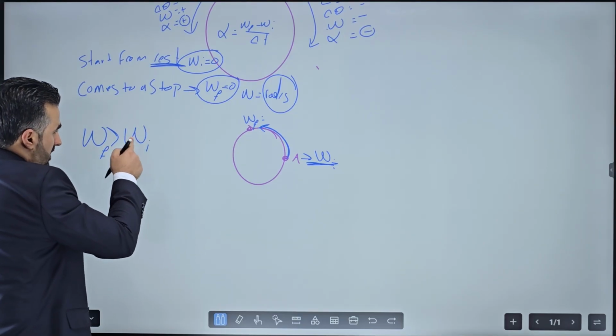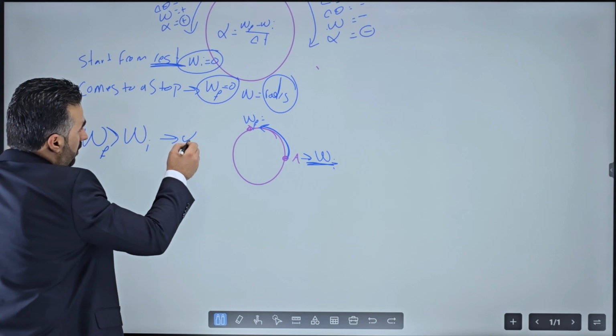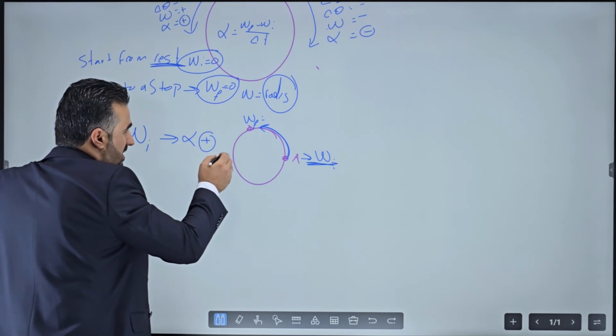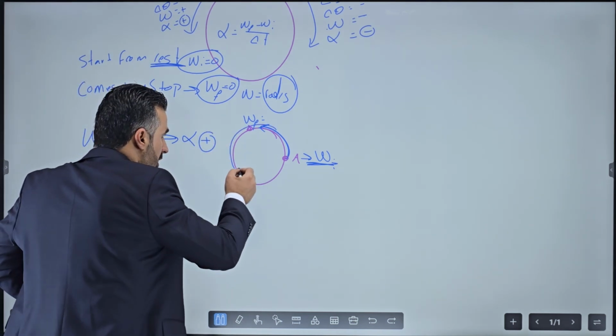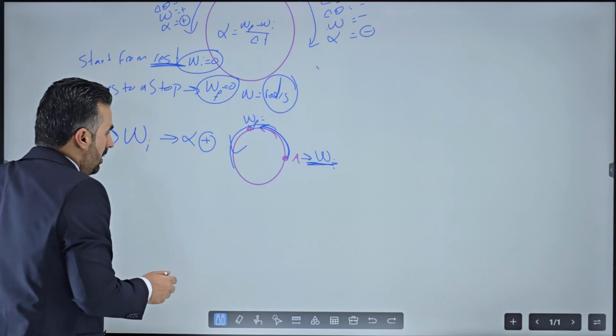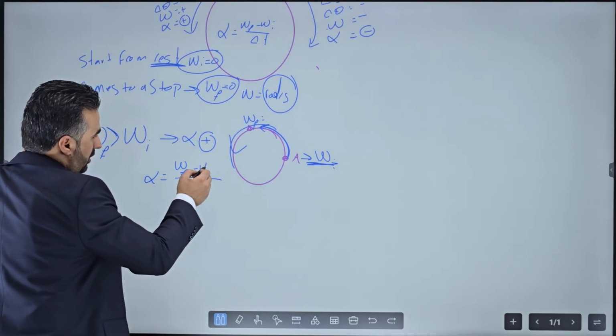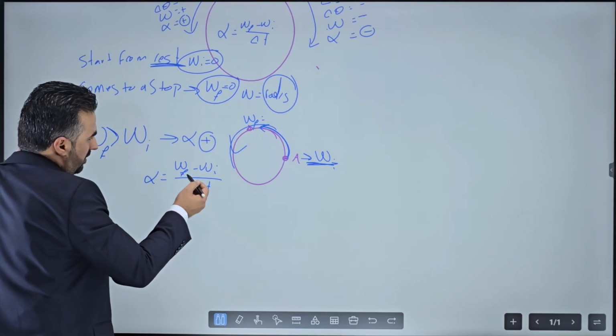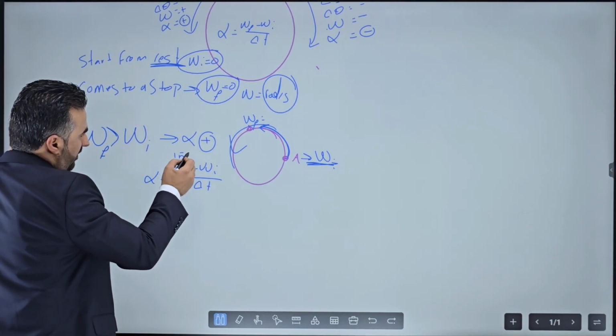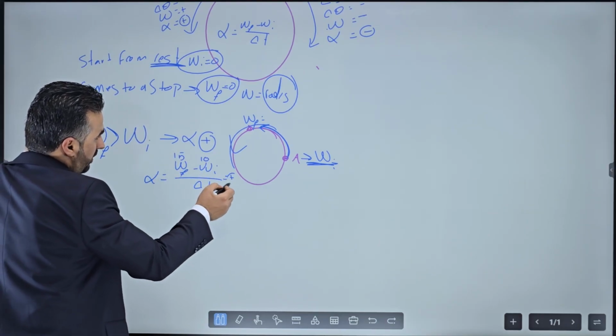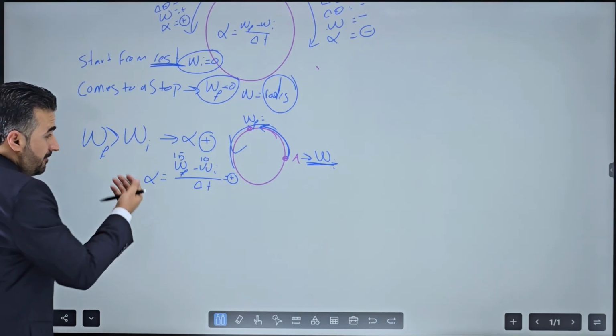If omega final is bigger than initial, then the angular acceleration is positive, remember, only if the rotation is counterclockwise. Because if you want to find angular acceleration, omega final minus initial, divide by delta t, let's just give a number, for example, 15, and this is 10, you get a positive number. Divide by whatever the time is.